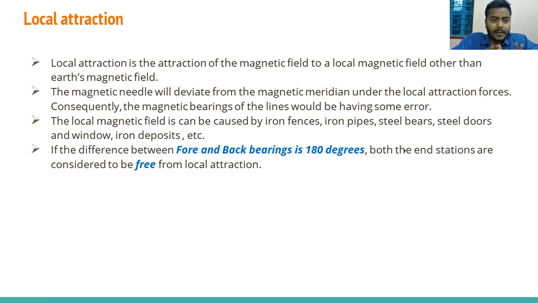Because of local attraction. So local attraction is the attraction of the needle towards a local magnetic field other than the Earth's magnetic field. And that local magnetic field is developed by materials such as iron.